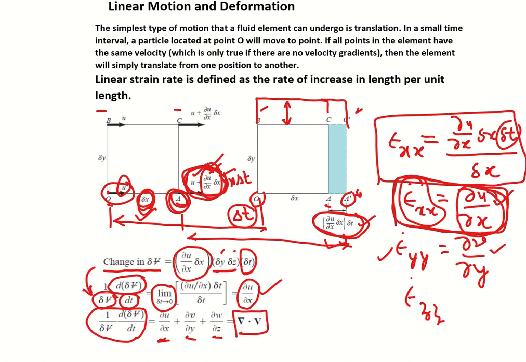Right, so here we have learned that if we have velocity in x direction as function of x, and in y direction it is function of y, in that case we will have the linear strain rate in x direction and linear strain rate in y direction, and that is equivalent to the velocity gradient in x direction and velocity gradient in y direction.